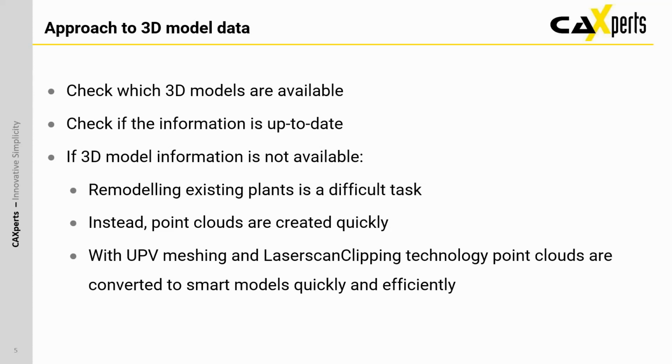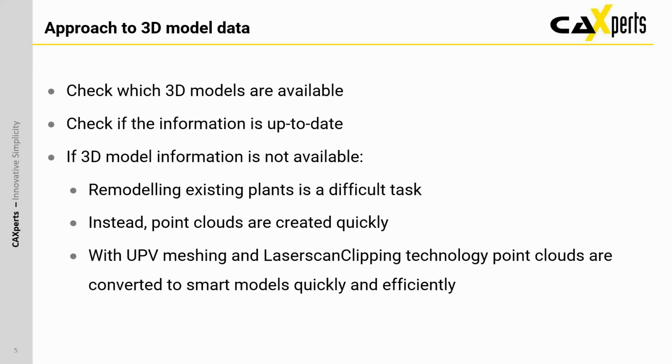Instead, point clouds are created quickly. But the problem with point clouds is, as the name says, it's just a collection of millions of points, but no objects as such, and no way to actually attach documents or additional information to a point cloud. So with the UPV meshing and laser scan clipping technology, point clouds are first of all converted to smart models quickly and efficiently.